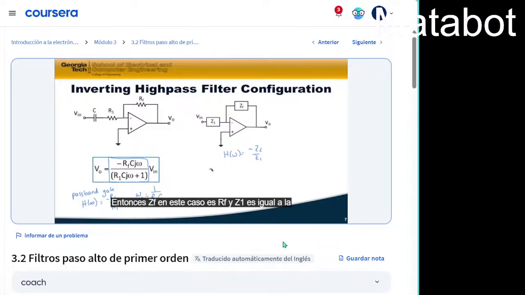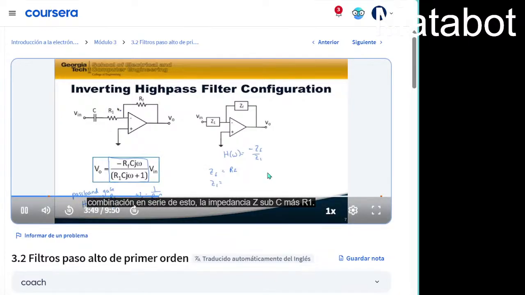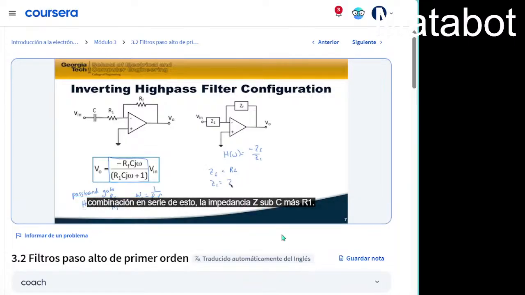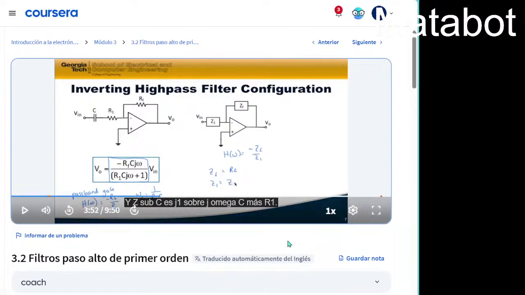So ZF in this case is RF, and Z1 is equal to the series combination of the impedance Z sub C plus R1.